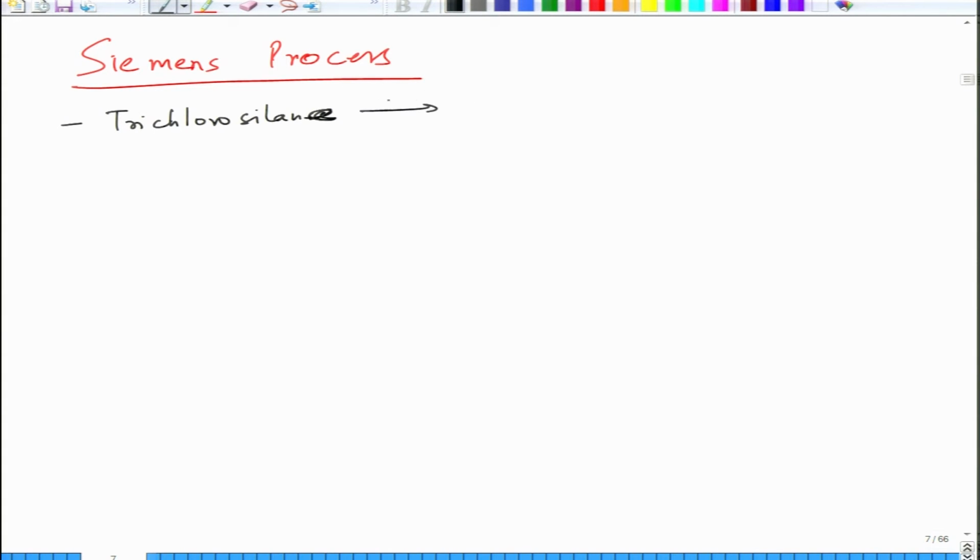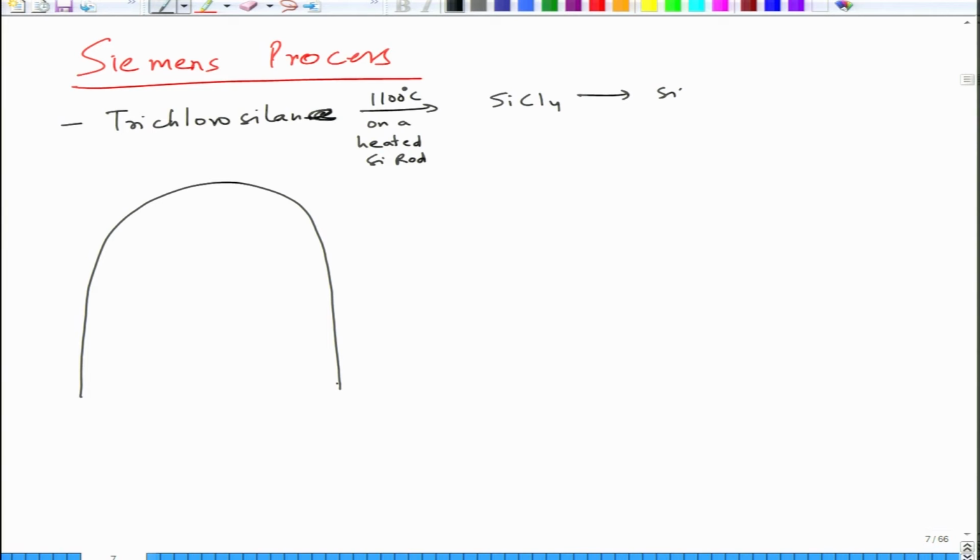This is thermally decomposed at 1100 degrees centigrade on a heated silicon rod inside a decomposition chamber, and then it gives rise to SiCl4, and this is then converted into silicon. So, the way we go about it is we have this dome shaped chamber, right.